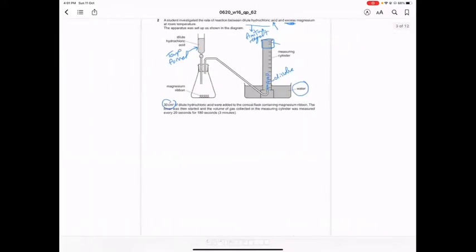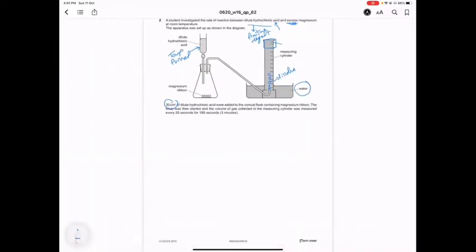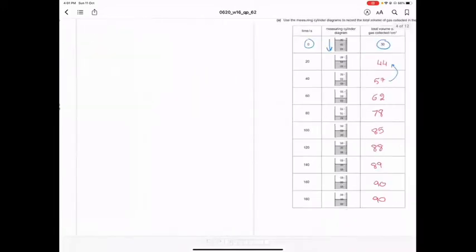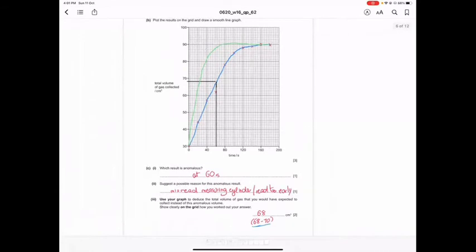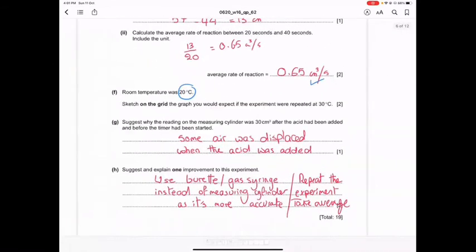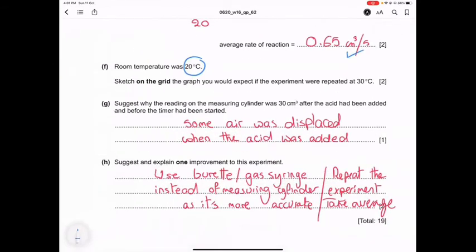When you added the acid, hydrogen was produced, but it pushed some air in this delivery tube, okay, and the air displaced the water. Then the hydrogen came and started filling the measuring cylinder. Some air was pushed from the conical flask and it displaced the water in the measuring cylinder. That's why the reading was 30 before we start anything. This is the volume of the air that was displaced. Some air was displaced when the acid was added.